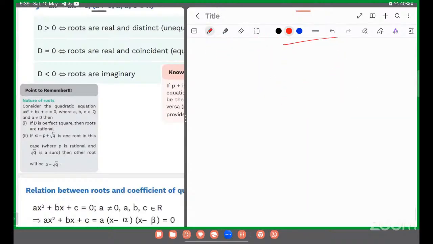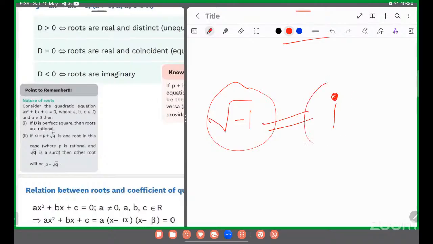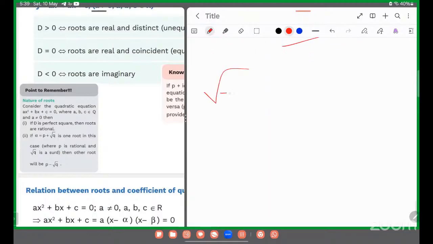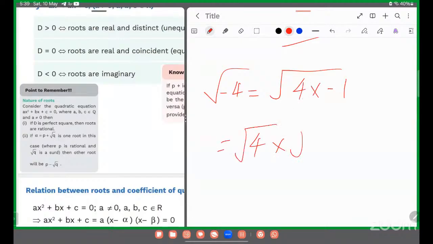So this root minus 1, the member of the imaginary world, is known as iota. The name of root minus 1 is iota. For example, root minus 4, we can write it as 4 into minus 1, and this can be written as 4 into root minus 1.